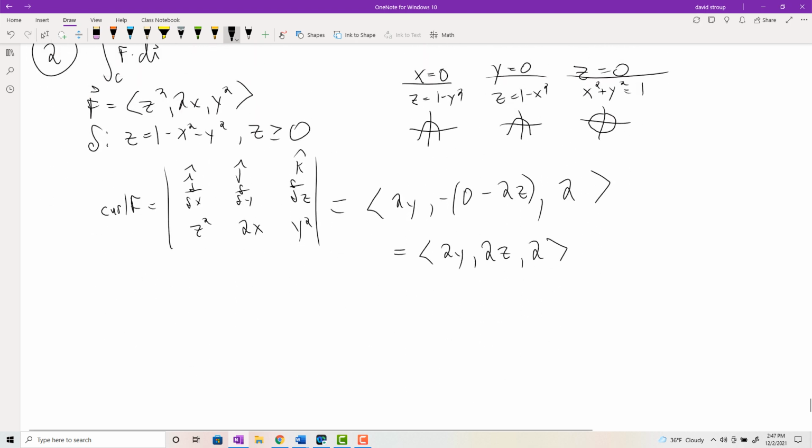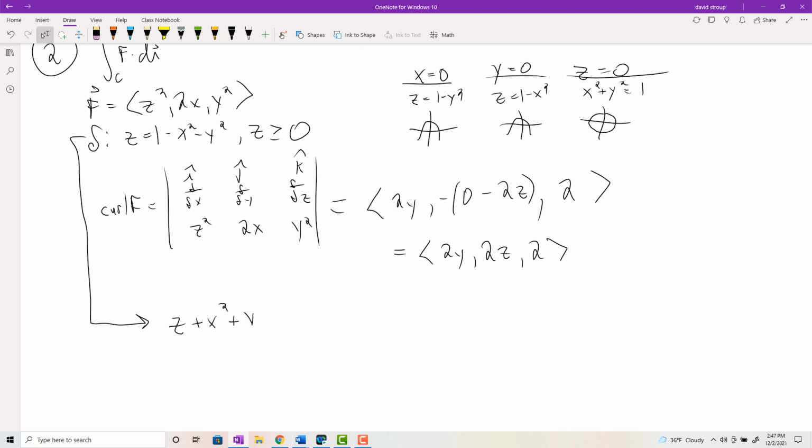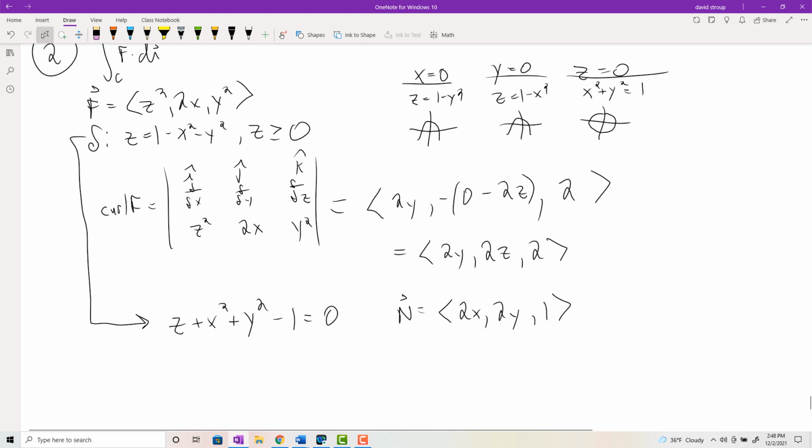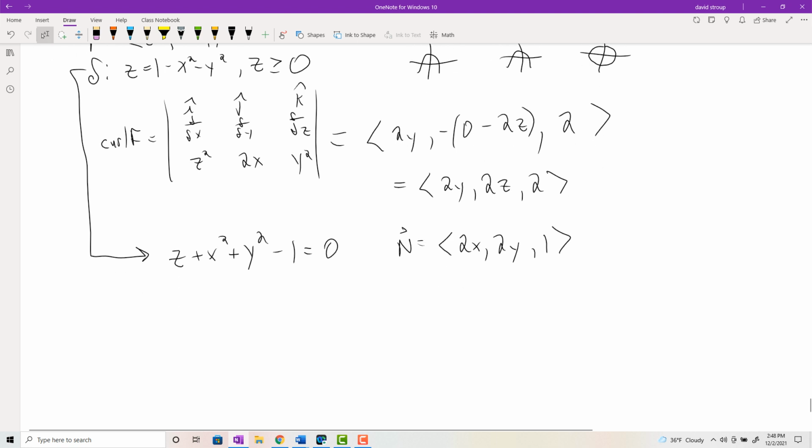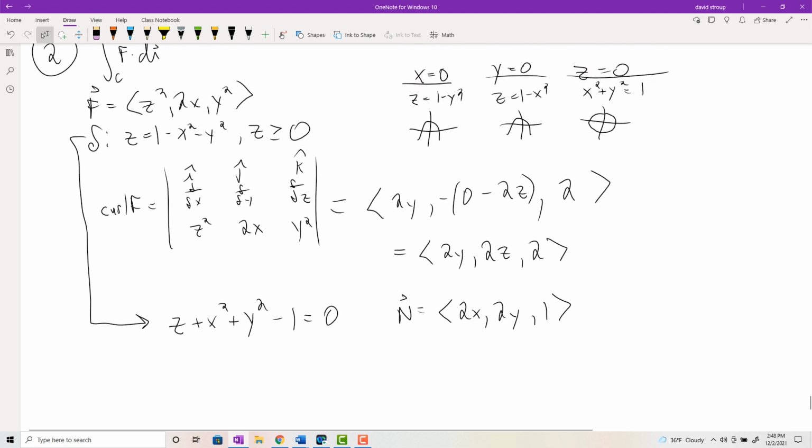And then finally, I needed some sort of normal vector. From the surface, you could rewrite it as z plus x squared plus y squared minus 1 equals 0. And so our normal vector is basically the gradient of that thing. Okay, so our normal vector is going to end up being 2x, 2y, 1, and I'm going to have to get rid of the z using that formula from the surface as well.